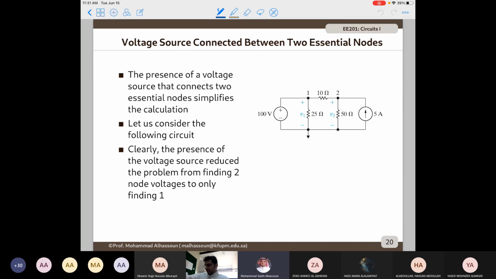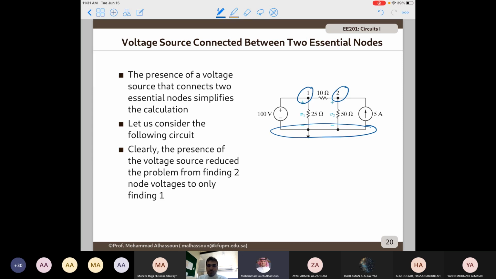One of the special cases here is this one. In particular, we have a voltage source. First of all, we have three essential nodes: node 1, node 2, and node 3. We chose one of them to be the reference point, which is the one at the bottom.